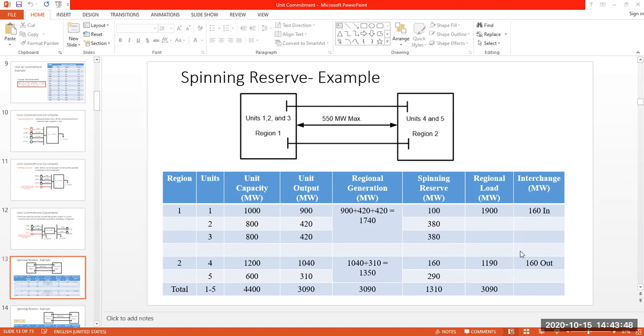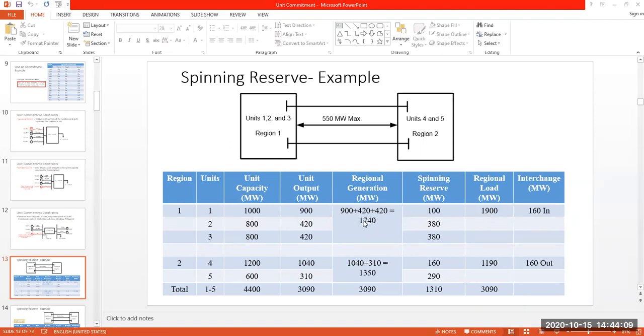So how much power is actually interchanged between these 2 regions? To know this, simply you calculate where you have excess power generated. You just check in which region you have excess power. So in this region, my load is 1900, but I'm only generating 1740.